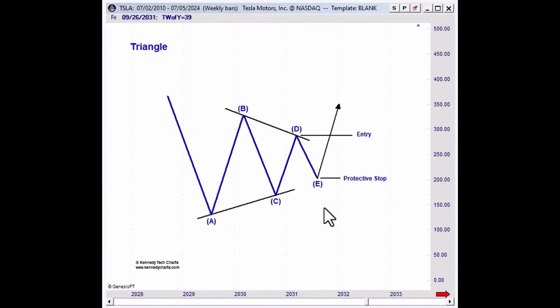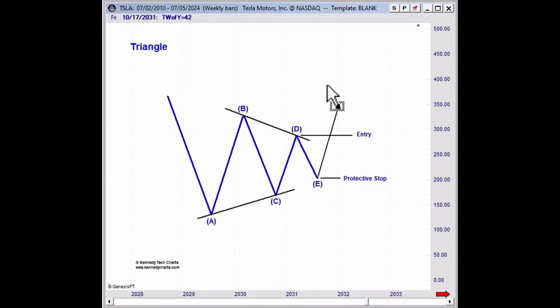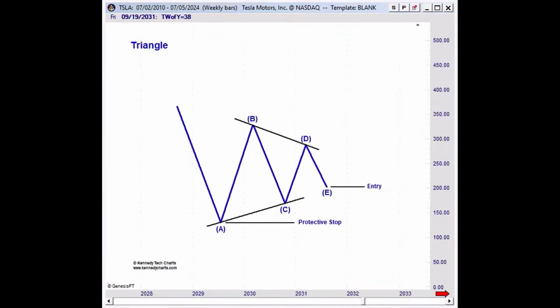So this would be the core guideline on how to trade a triangle. Look for prices to rally above the wave D extreme and do so in 5 waves. Here's your protective stop. Now, of course, some of you are going to want to front run. What I mean by that is you want to get in early, no matter how good your discipline is.